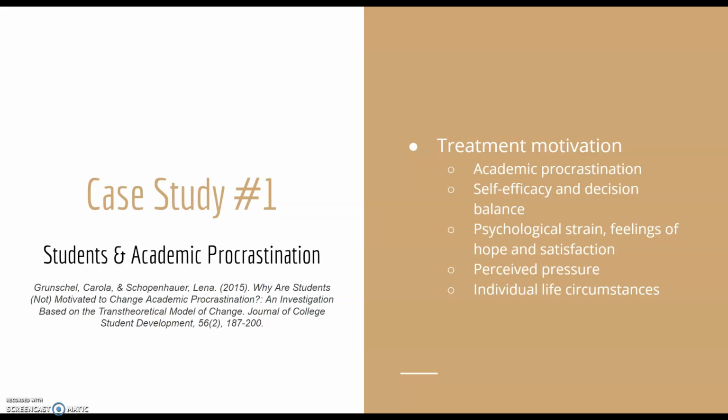And individual life circumstances, that can also go into the perceived pressures, but what the individual life circumstances really focused on were barriers that these students encounter during this time.